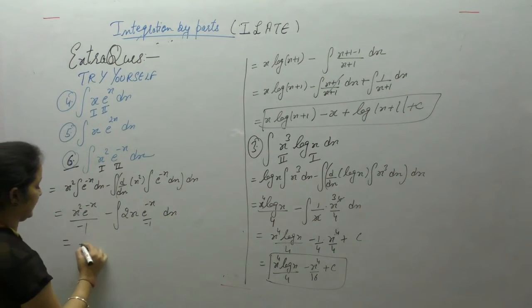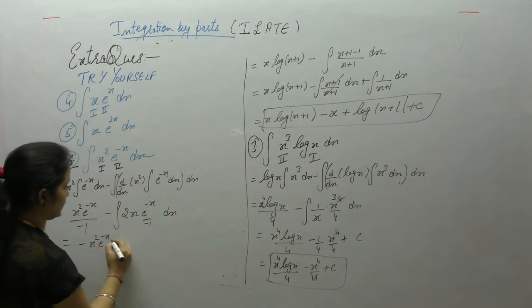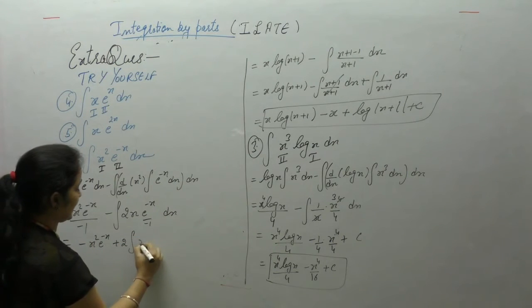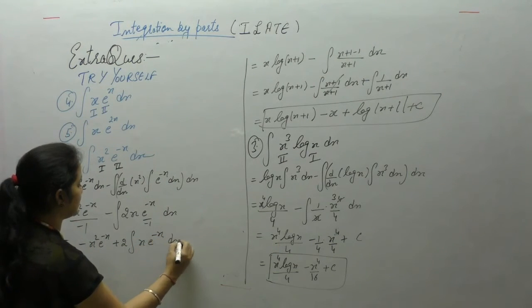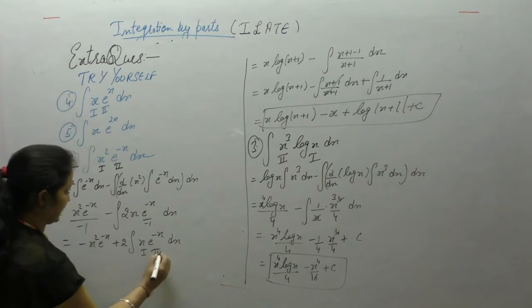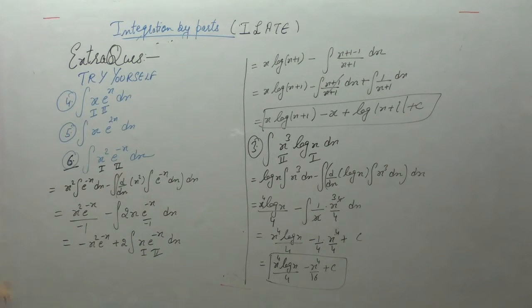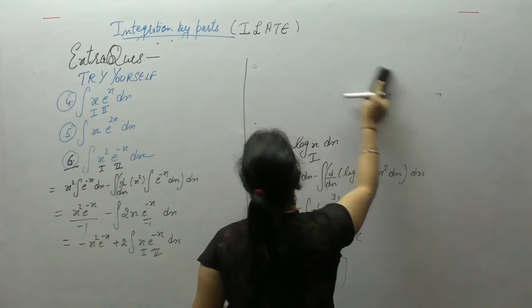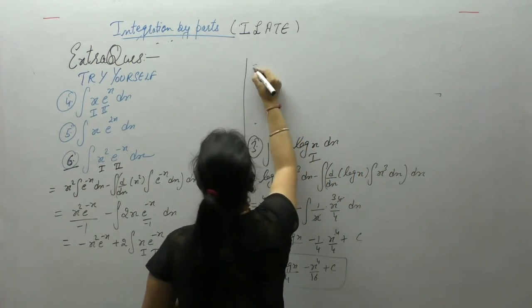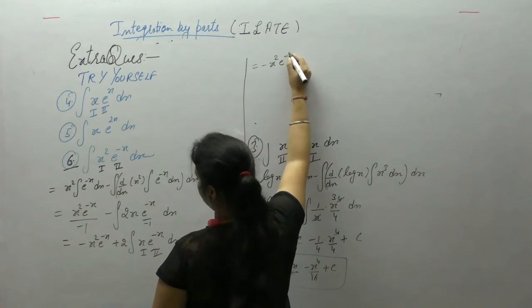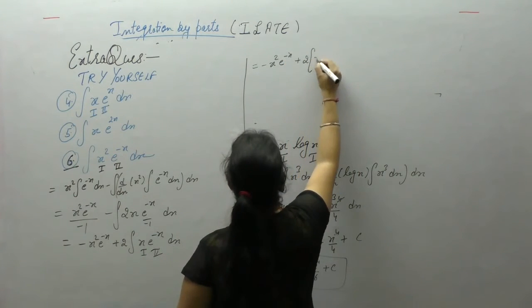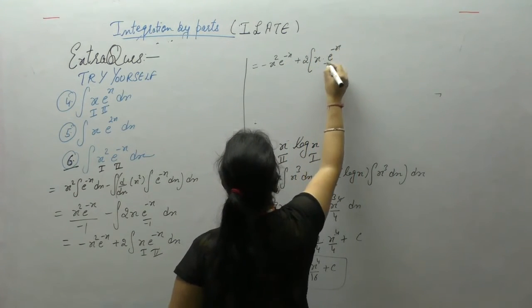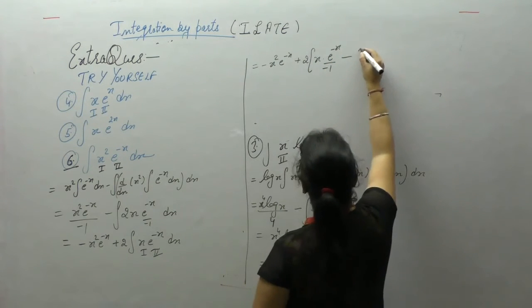Now here we will again apply this product rule, plus 2x into e power minus x. First, second. Minus x square e power minus x. First, integral of e power minus x is e power minus x upon minus 1.